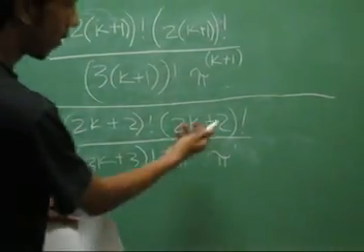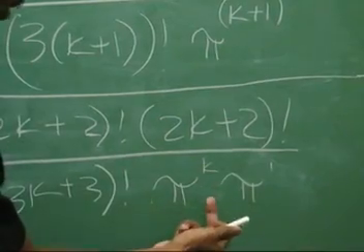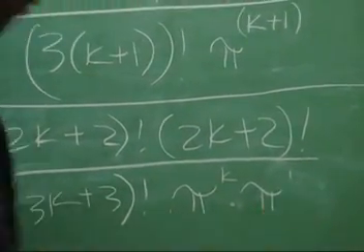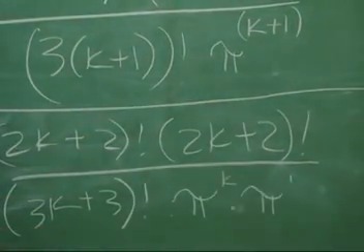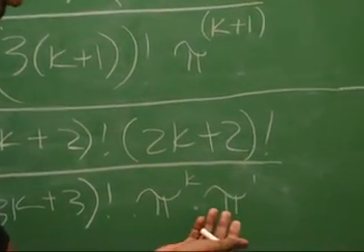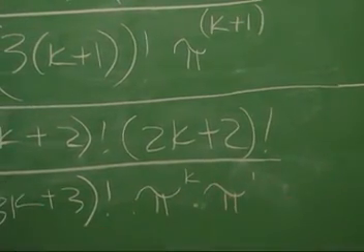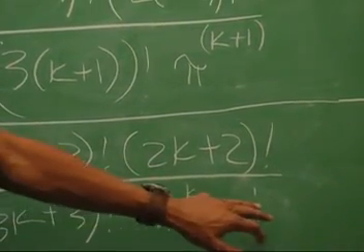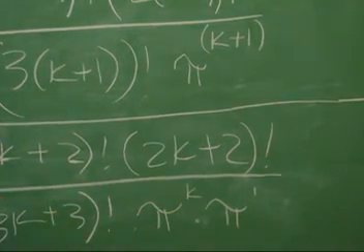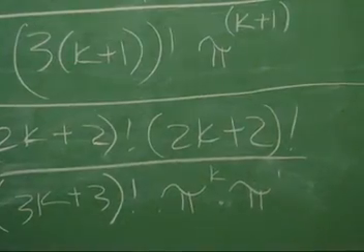Alright, you see how I just separated k to the k plus 1 into k to the k times k to the 1. That's a simple algebraic property that lets you know that if you have the same base, you add the powers. So I used that to separate them. So this is the front.